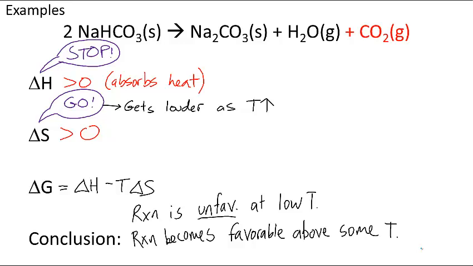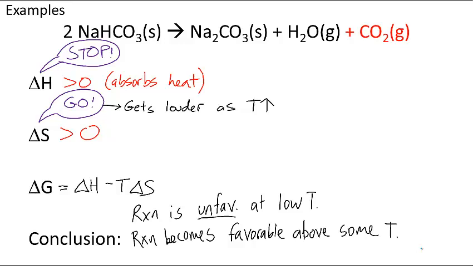So when I said delta S's voice gets louder, basically that's because it's using a megaphone. It's not because it's actually speaking any more loudly. The value of delta S is still the same at each temperature. So delta S is a number, like 50.